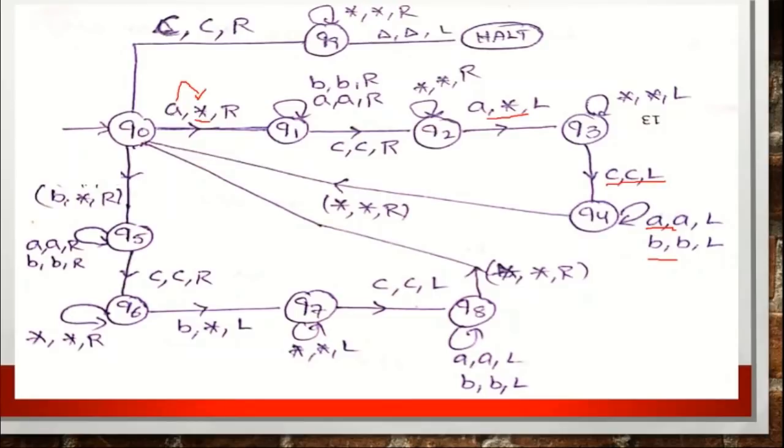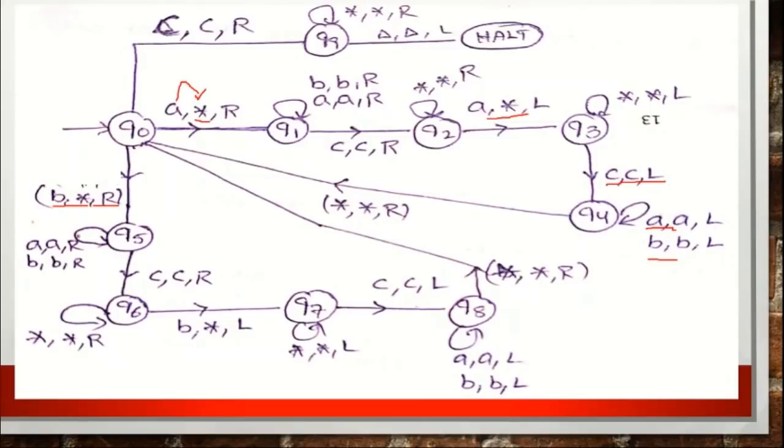From this state, when we read A, then convert it to star and move right. Same process. In case we read B as the input, then that particular B is converted to star and then we move right until C, to check the input symbol after C, whether it is the same or not.